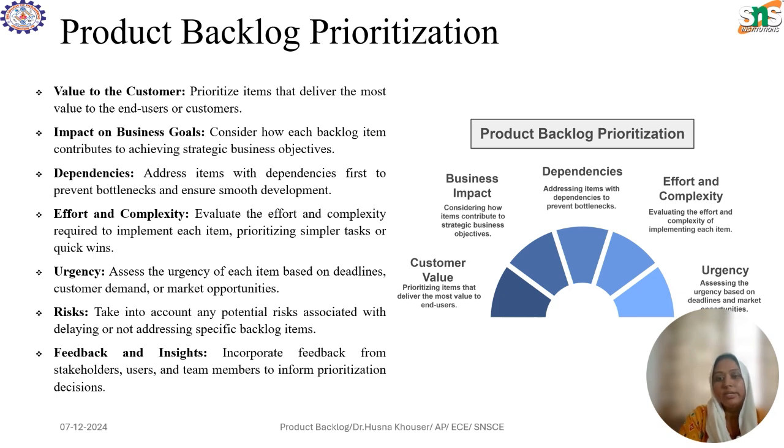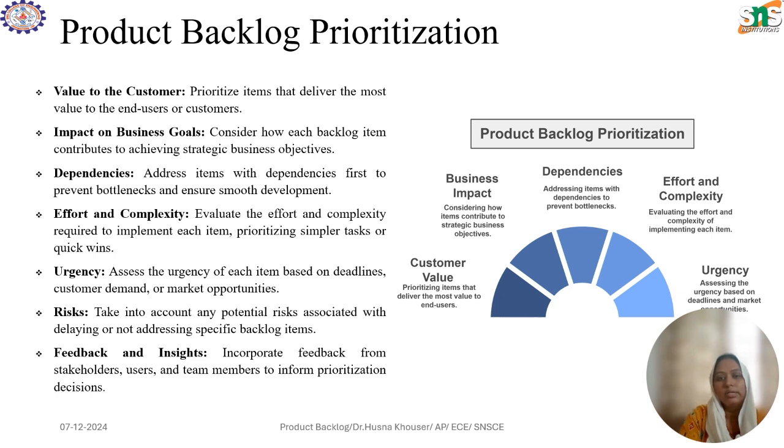Then we can even use the RICE scoring technique. RICE stands for reach, impact, confidence, and effort. This is a scoring method that helps to quantify the value of each backlog item.